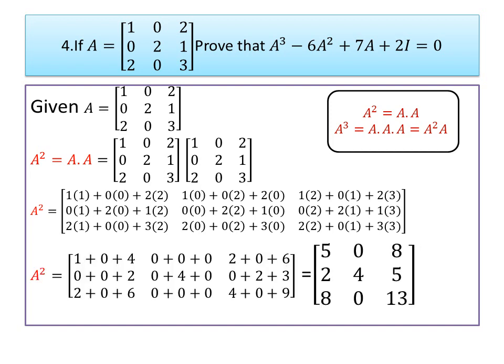As a result, we'll get A square as [1+0+4, 0+0+0, 2+0+6; 0+0+2, 0+4+0, 0+2+3; 2+0+6, 0+0+0, 4+0+9], that is equal to [5, 0, 8; 2, 4, 5; 8, 0, 13].